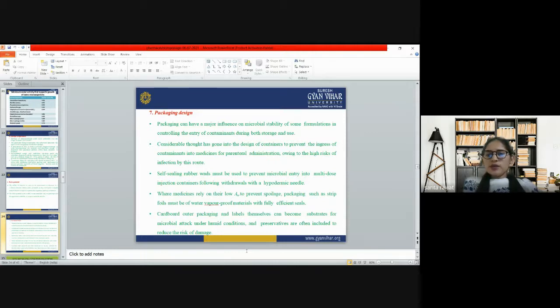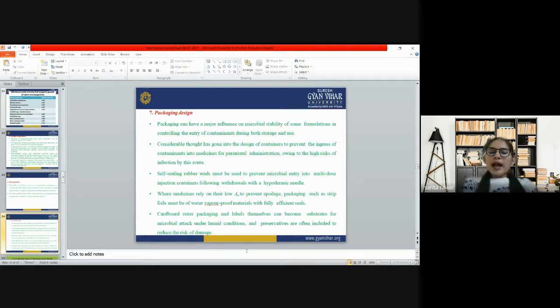Self-sealing rubber wards must be used to prevent microbial entry into the multi-dose injection containers following withdrawals with a hypodermic needle, and where medicines rely on their lower water activity to prevent spoilage, packaging such as strip foils must be of a water vapor proof material with fully efficient seals.